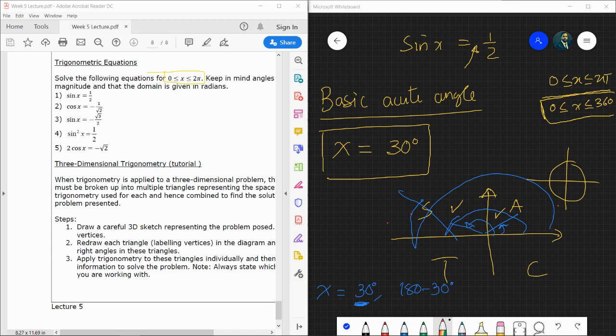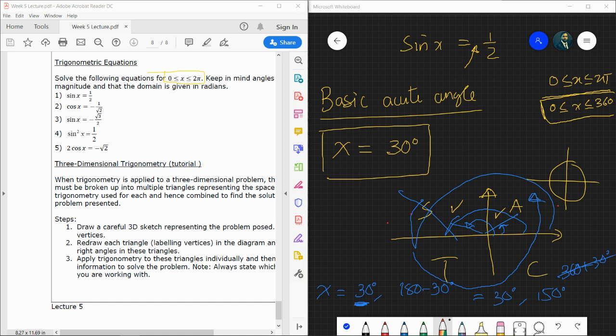We can, but there is nothing positive, nothing positive, nothing positive, and there is something positive here. So we could go 360 plus 30, sine would be still positive, but that would be beyond our range. So we ignore that. So our result is 30 degrees and 150 degrees. And now if you double check using your calculator, you will see sine 30 is half, sine 150 is also half.